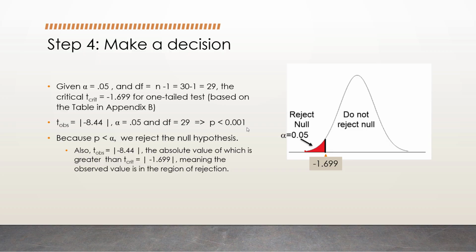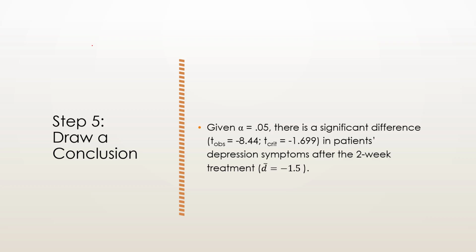Either through the comparison between p and alpha or between the observed and the critical t-values, the evidence leads to rejecting the null hypothesis. The conclusion is that given alpha equals 0.05, there is a significant difference with t observed equals negative 8.44 in patient depression symptoms after the 2-week treatment.